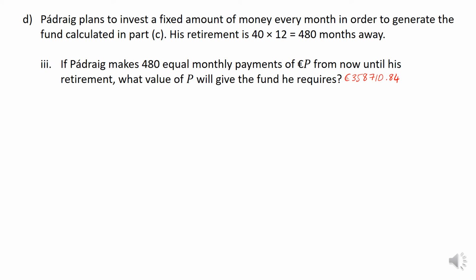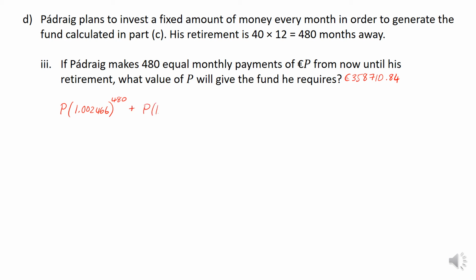Okay, and recall the part we've just finished. Okay, the worth of the payment. So the payments will be, so the very first one will be P multiplied by 1.002466, and that very first payment will spend 480 months in the bank earning interest.